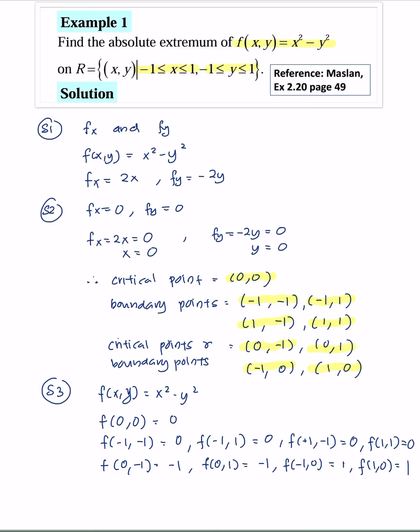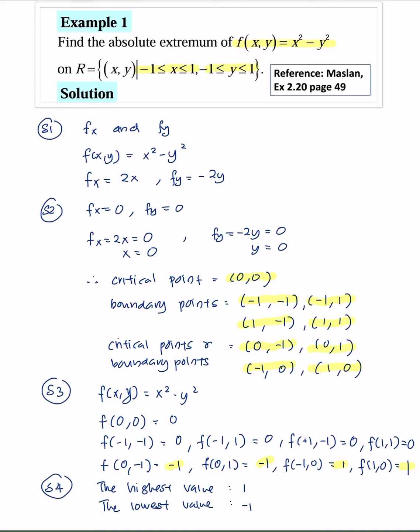Step 4, the final step, is to compare. We need to compare the highest value and the lowest value. From here, we can see the highest value is 1 and the lowest value is minus 1.